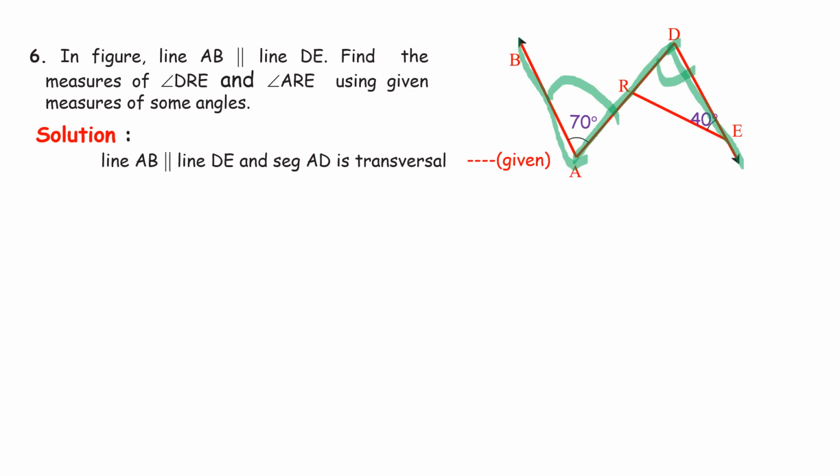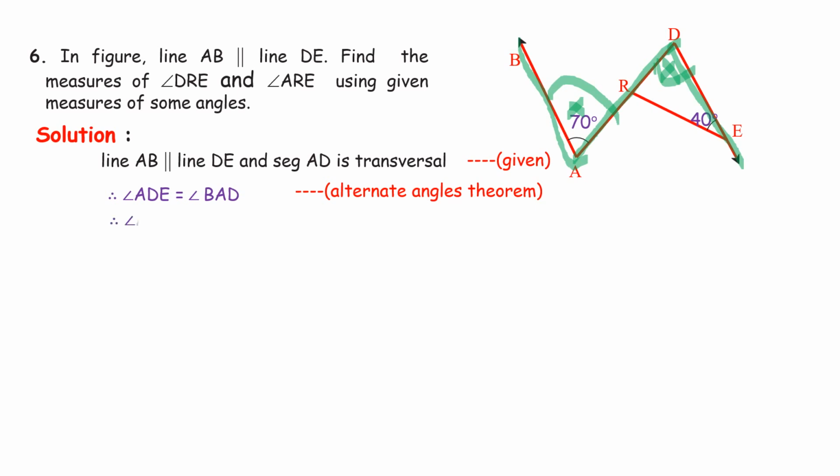Line AB parallel line DE and segment AD is a transversal. Therefore, this is a given part. Therefore, angle ADE, means this angle, is equal to angle BAD, this angle.